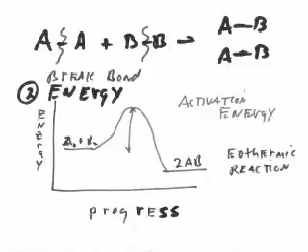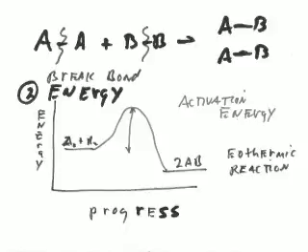And so if we have a diagram of the energy of the reactants and the products, what we see is the A's and B's start on the left and end up as the ABs on the right. And in this case, it's an exothermic reaction because the ABs are lower in energy than the A and B were to start with. But in between, we're going to have to put energy in.